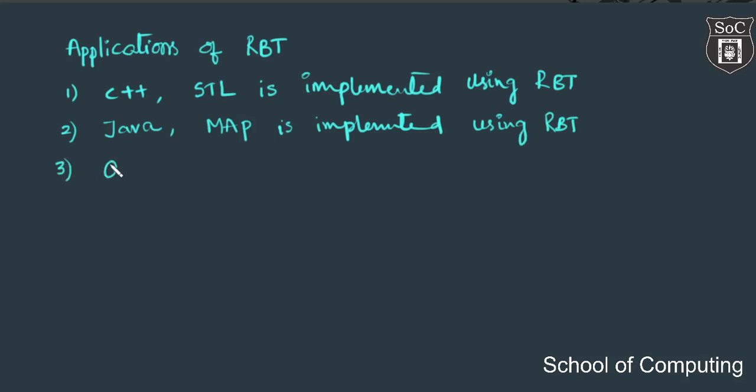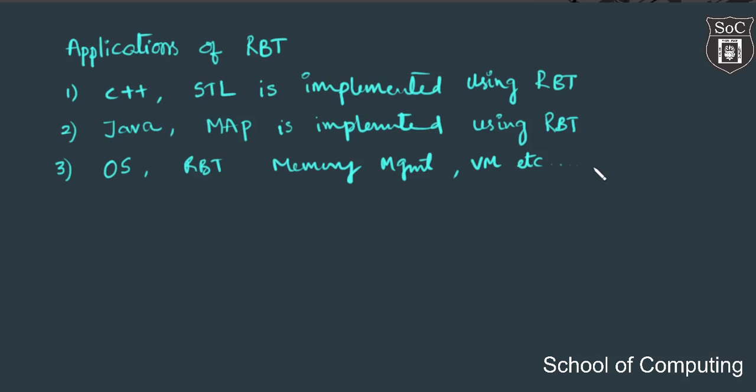In operating systems also, RBT is used, especially for memory management, in the virtual memory concept, etc. So there are a lot of useful real-time use cases and applications of red-black tree, and hence one should know clearly the construction process of red-black tree and also the implementation of red-black tree.